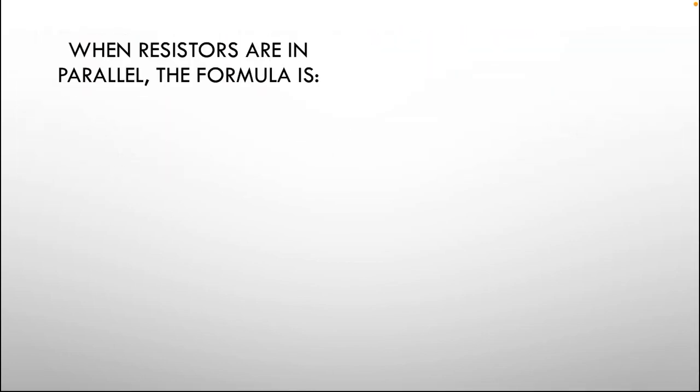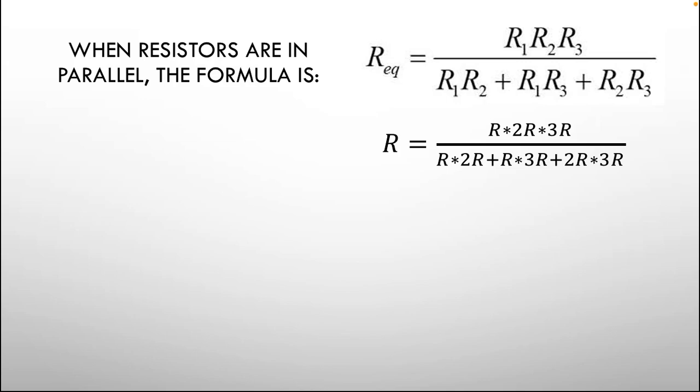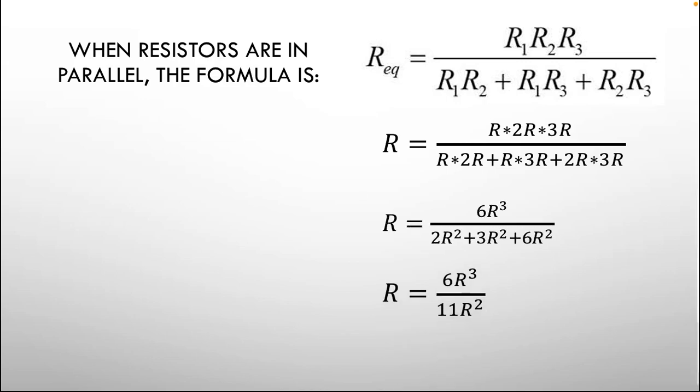When resistors are in parallel, the formula is given on the right side. By putting the values, the first resistor value was R, the second was 2R and the third was 3R. By putting the values and solving, the answer we get is R equals 6R over 11.